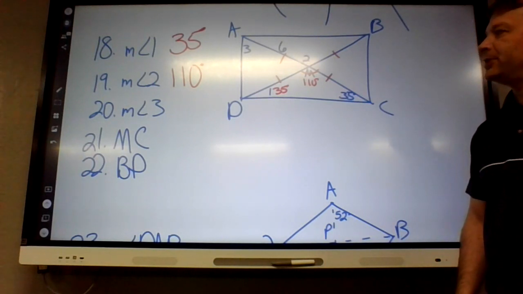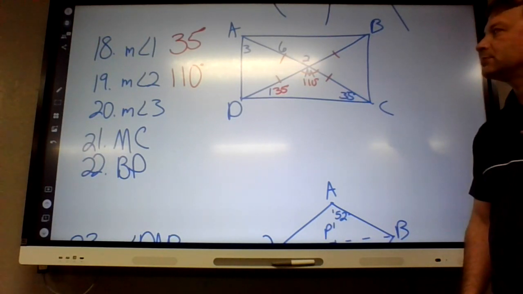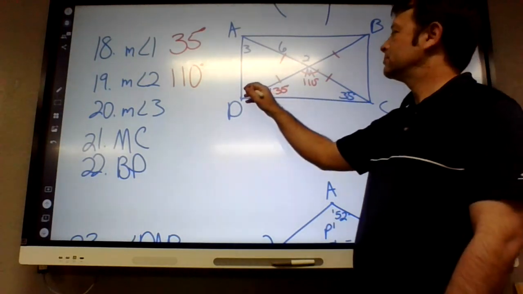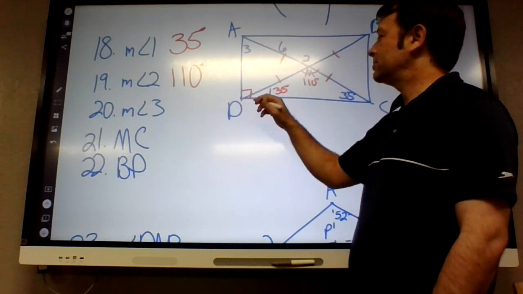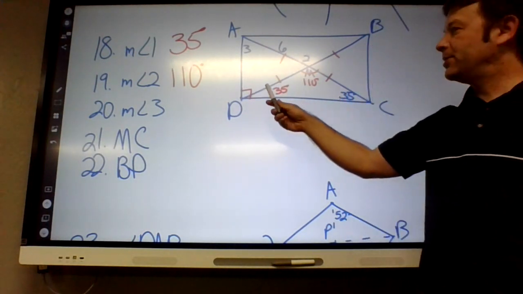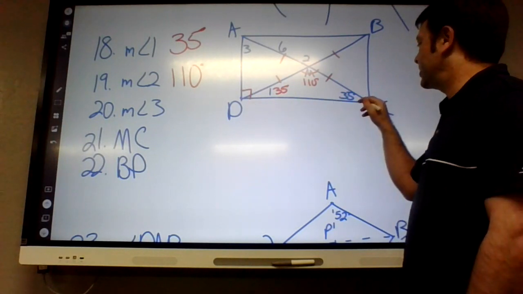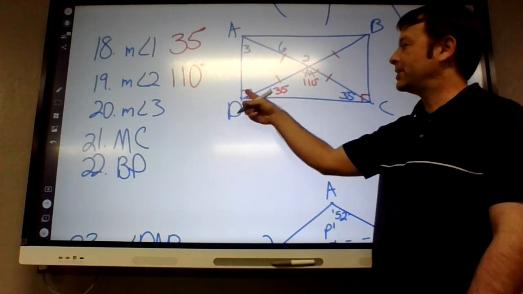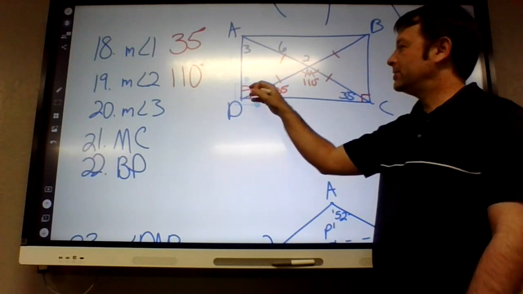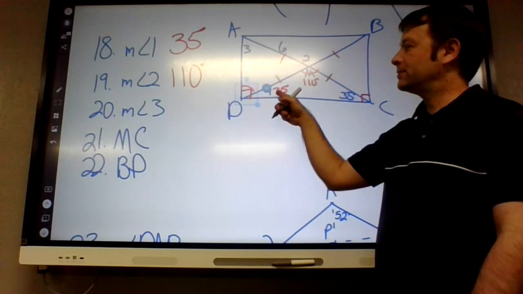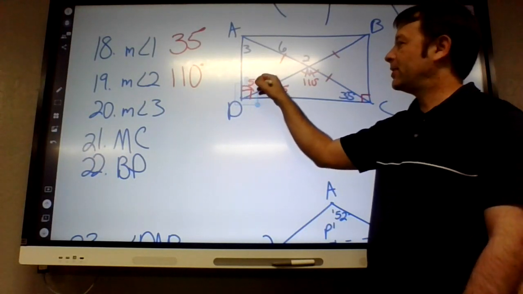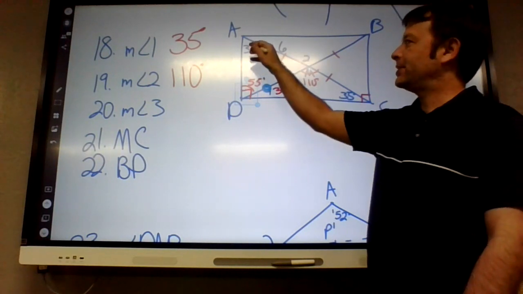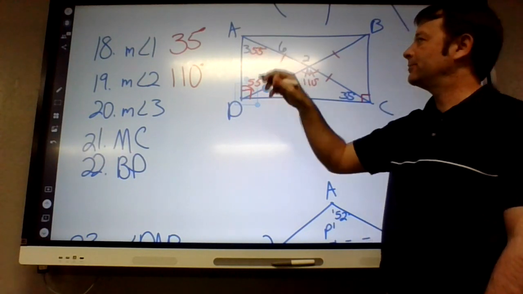How about angle 3? It's 90 minus 35. So these angles are 90, therefore this angle right here is 90 minus 35. 55, and because it's an isosceles triangle, that's also 55.